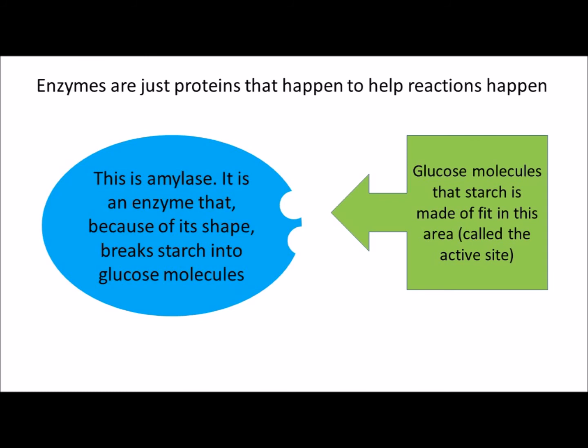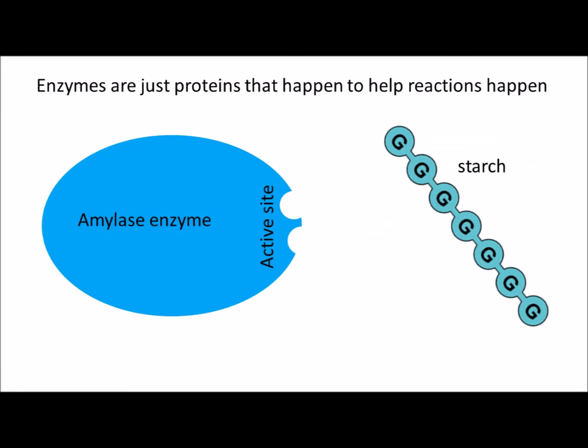They help the reaction to happen. Now let's use the example of amylase, which is an enzyme that, just because of its shape, helps break down starch molecules into small glucose molecules. The starch molecules fit into an area that is just the right shape, which happens to be called the active site. It's where the active part of the event happens.